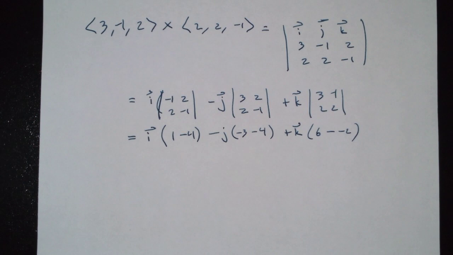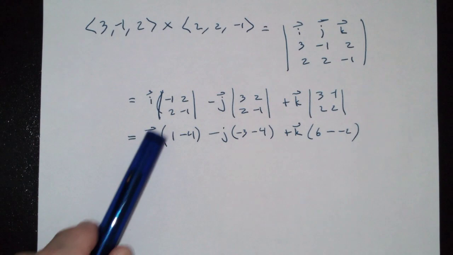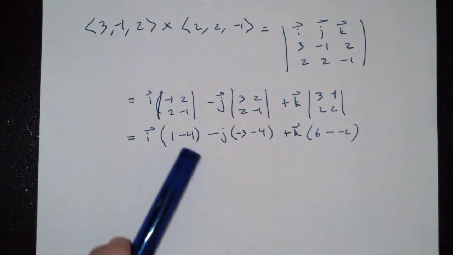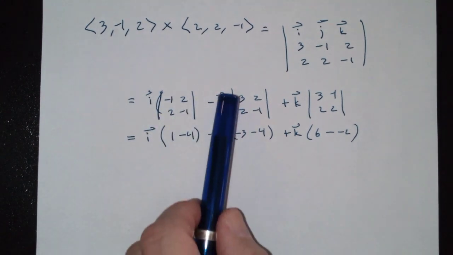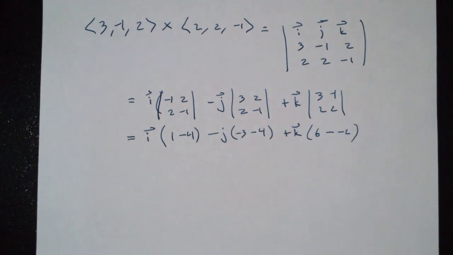If we're going up, we subtract. AD minus BC. So here, negative times negative is positive. Positive times positive, positive, I get 1 minus 4. Negative 3 minus 4, 6 minus negative 2.